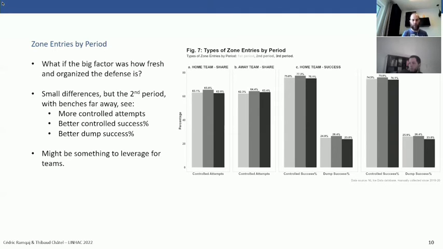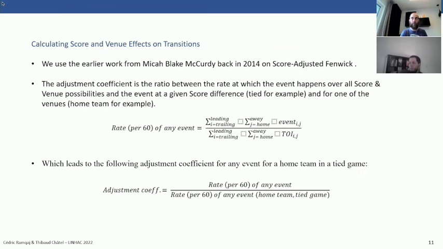Even though the differences are small, not that huge, we saw all over the board an impact of the second period, with the long change of playing far away from your benches, in the way that attacking teams are trying more control attempts. They have better control success percentage and they have better dump success percentage. So that's something that maybe teams want to leverage in the future while playing in the second period.